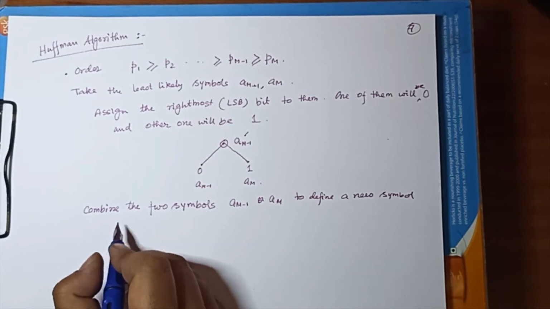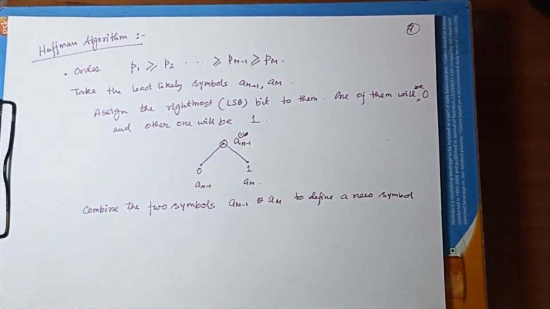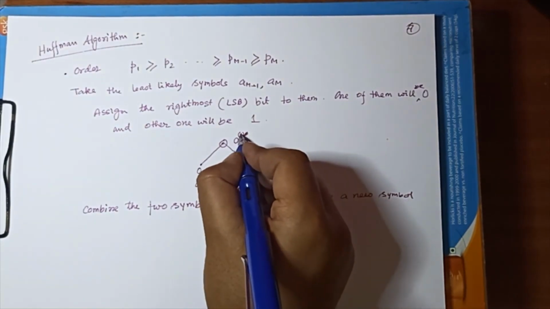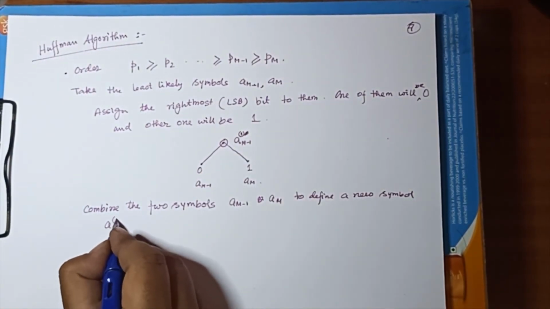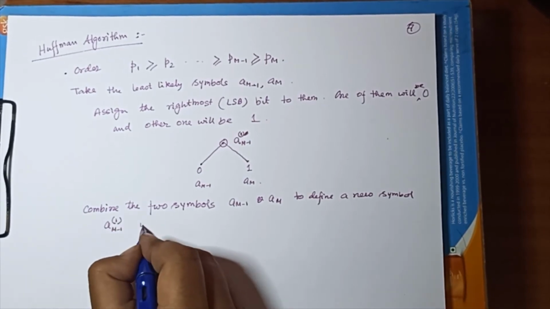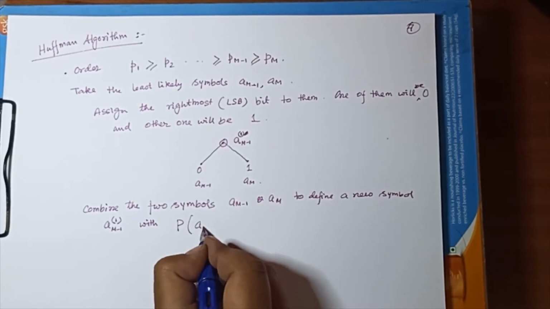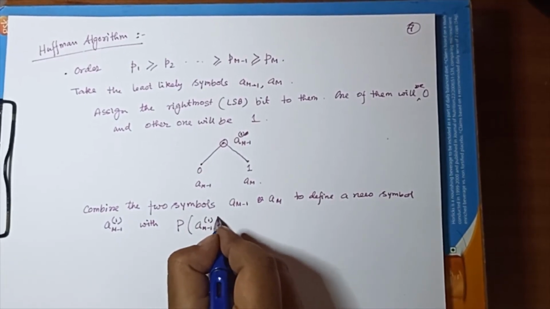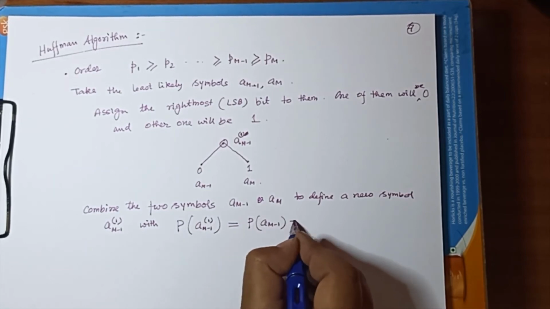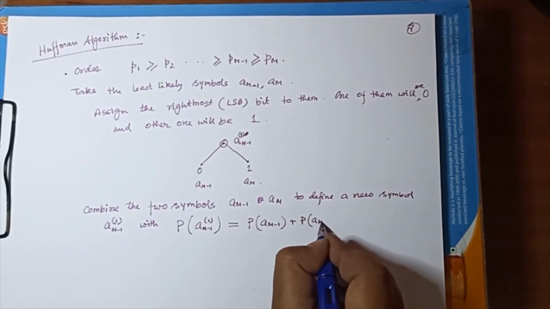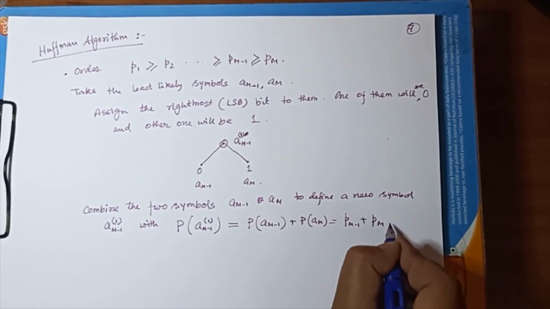say a_m^(1), or something, to write down that this is the first step. So the symbol a_{m-1}^(1) has probability equal to the sum of the probability of a_{m-1} plus the probability of a_m, which I am writing as p_{m-1} plus p_m.